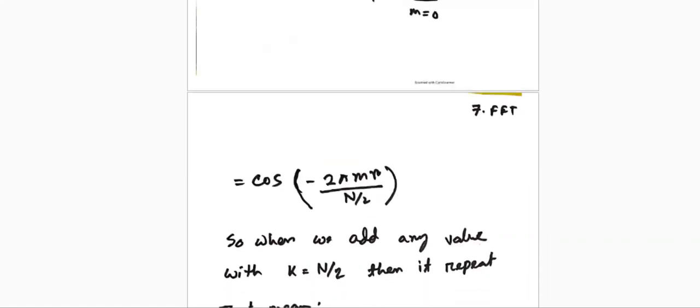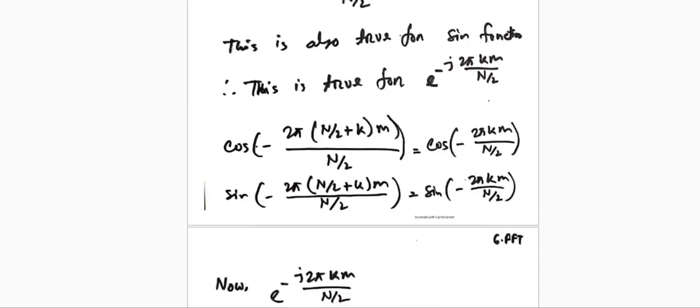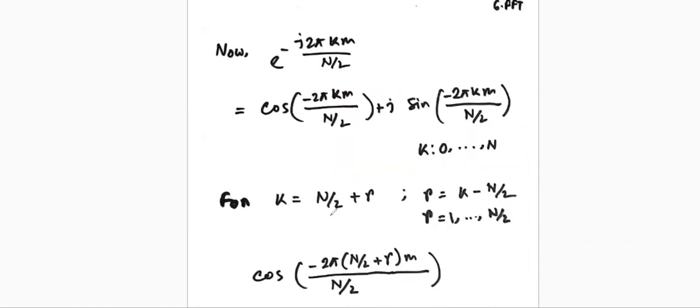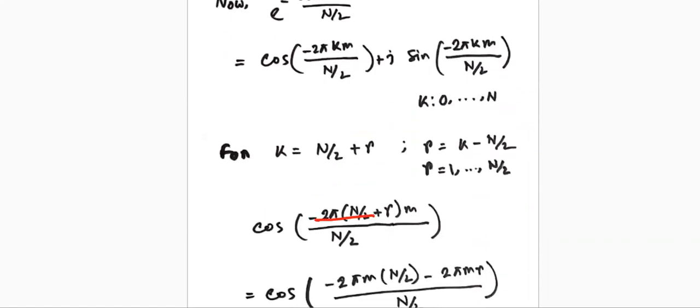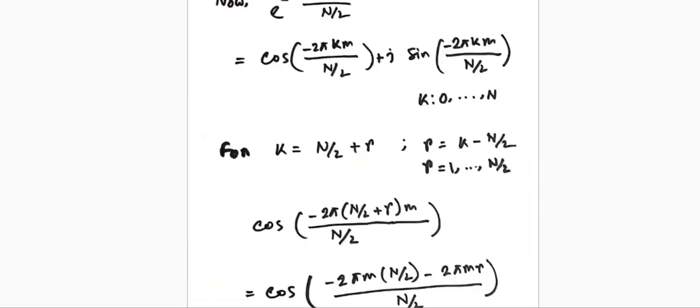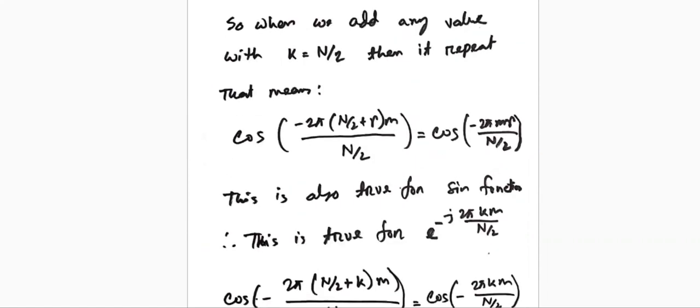So that is what we have found here. Repeating again, we start with this, we put the value of k, and doing all the mathematical calculations, we have found that the result looks like this.